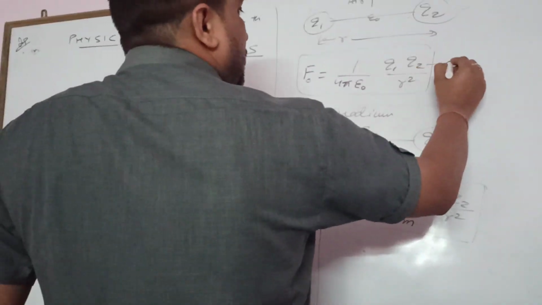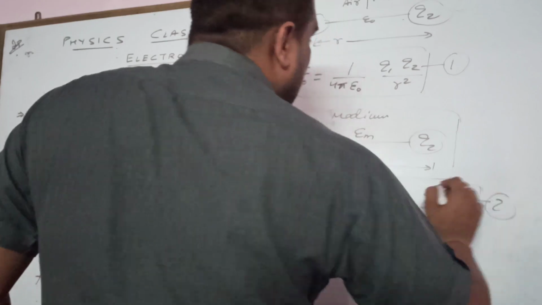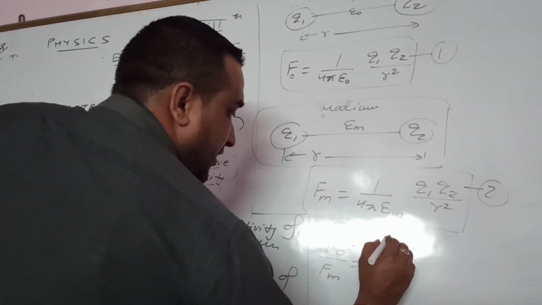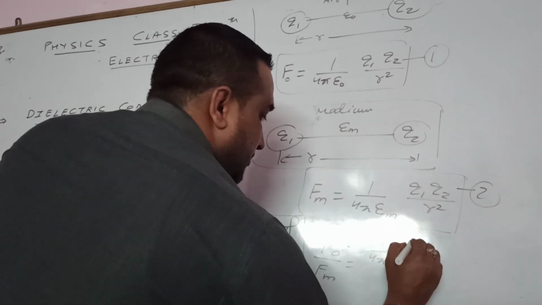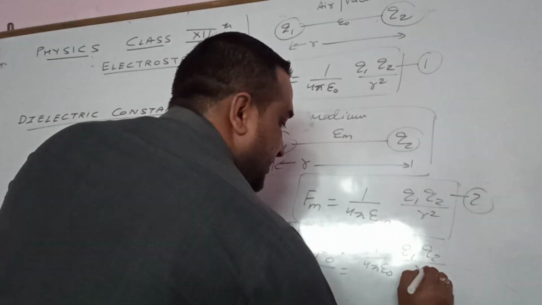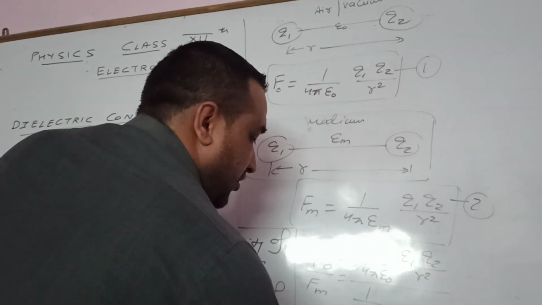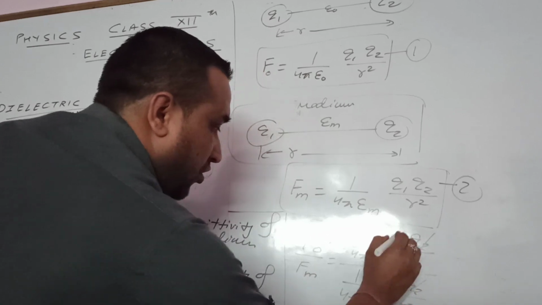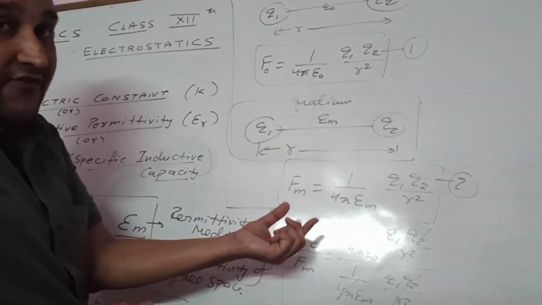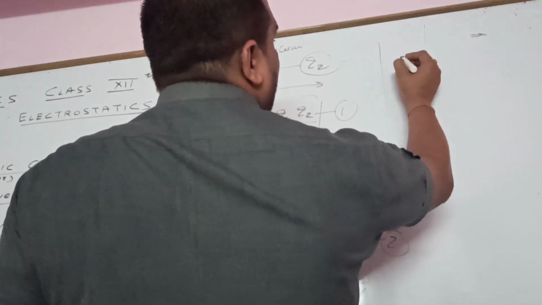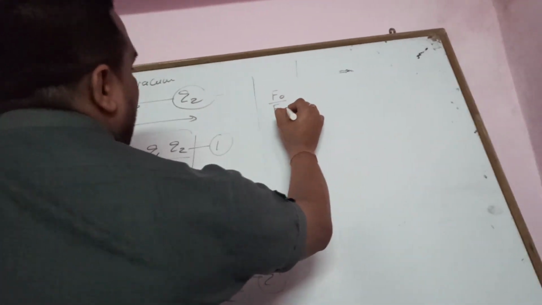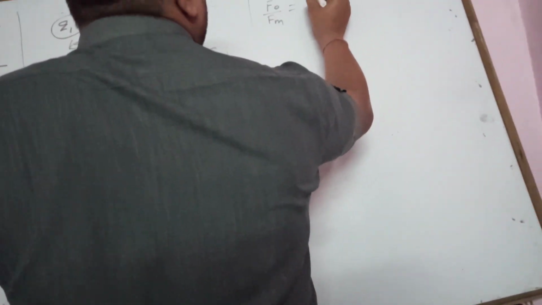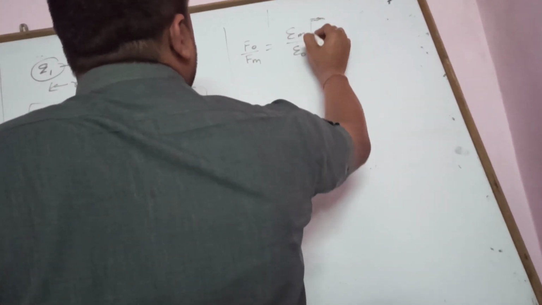Now if I divide F naught by Fm, we get 1 upon 4 pi epsilon naught Q1 Q2 upon r square over 1 upon 4 pi epsilon m Q1 Q2 upon r square. These values cancel out, and we are left with F naught upon Fm equal to epsilon m upon epsilon naught.